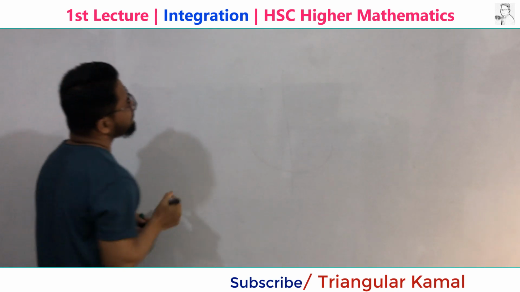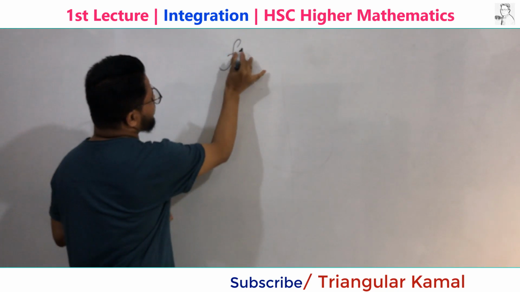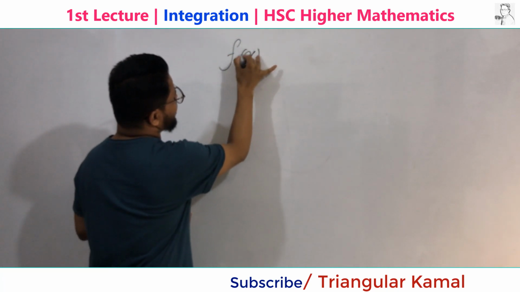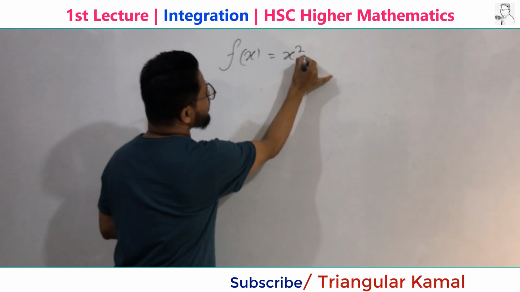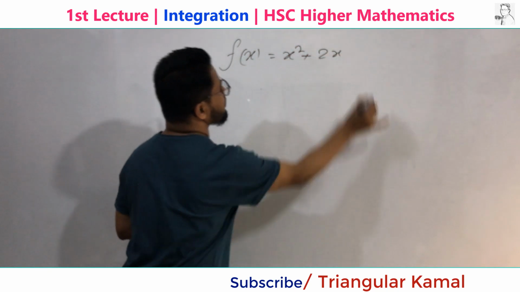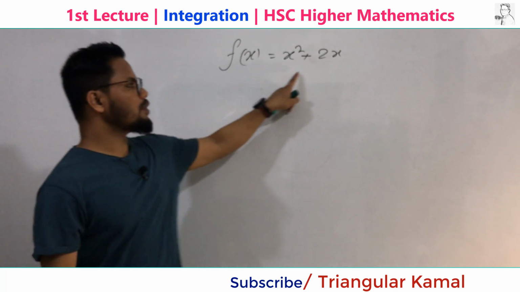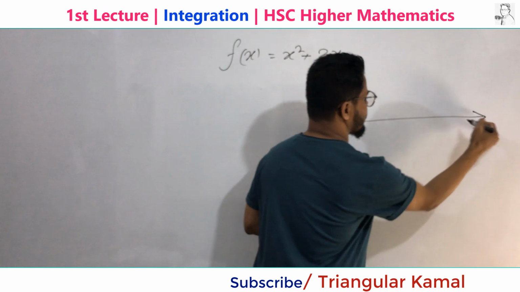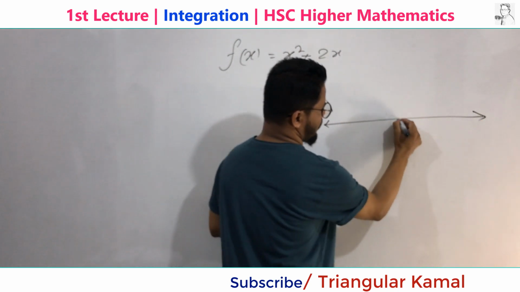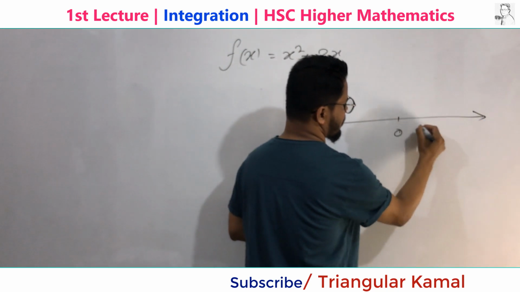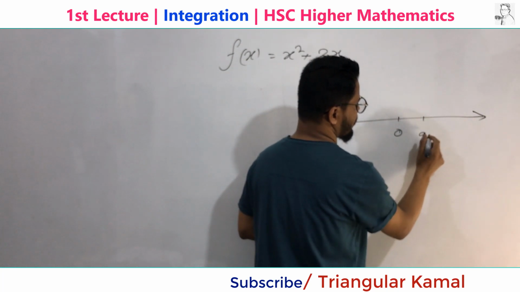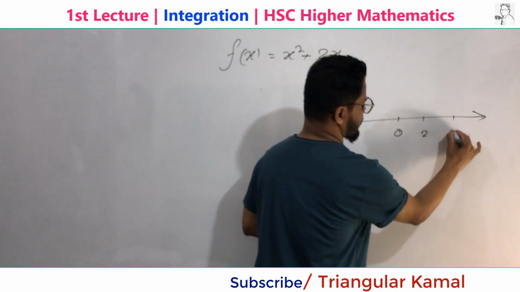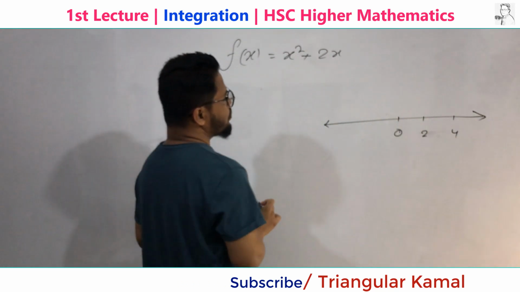Like, consider f is a function whose variable is x. So we can write f of x equals x square plus twice x. If we explain this function on a number line like this one, we consider this one is 0 and this one is 2, and this is 4.